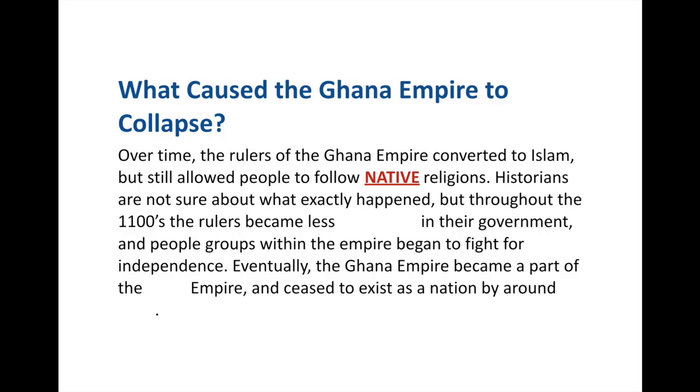We're not quite sure how the fall of the Ghana Empire happened, but we can figure this out from the tales of the griots and also some sources from Muslim traders. Throughout the 1100s AD, the rulers became less effective in their government. There was infighting.